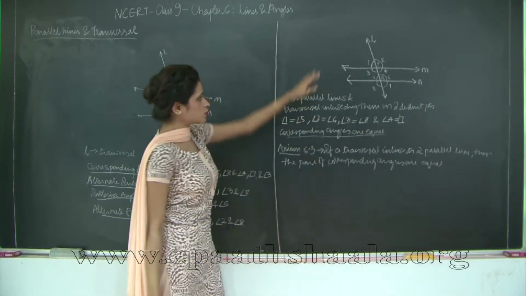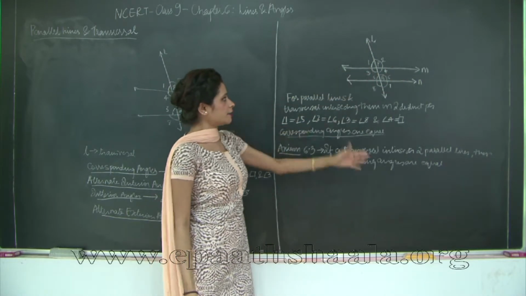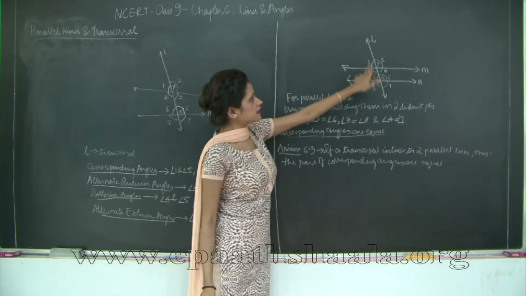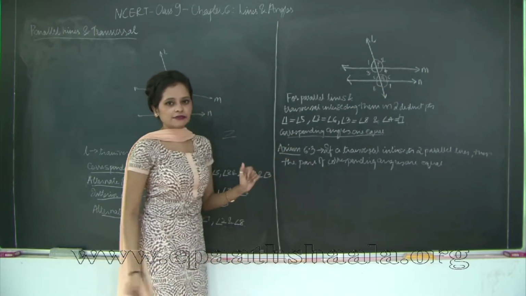Right? So when a transversal intersects two parallel lines M and N, the pair of corresponding angles formed are equal. This was axiom 6.3.